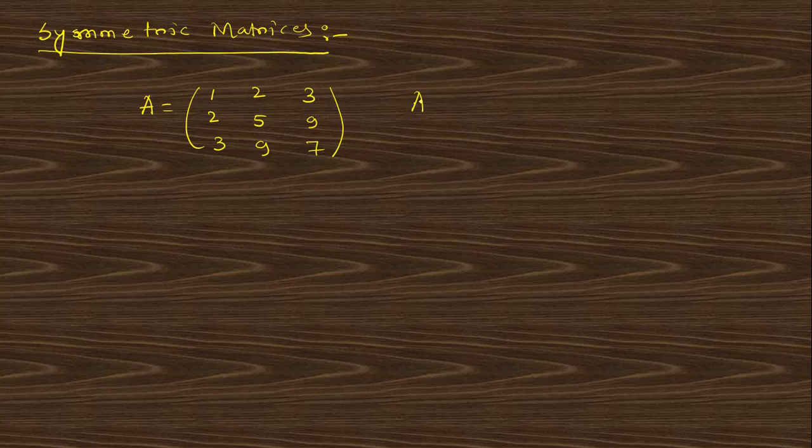If you want to find A transpose, what will be its value? You just see along the row and write along the column: 1, 2, 3, 2, 5, 9, 3, 9, 7. You can see these two matrices are the same. There is no difference.